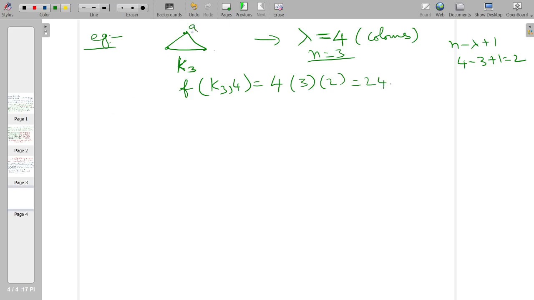I'll call the vertices A, B, C. Let me write the different combinations.